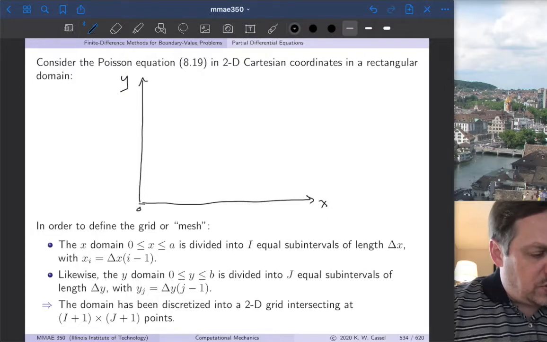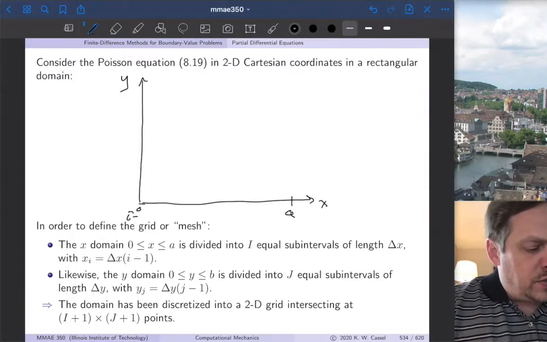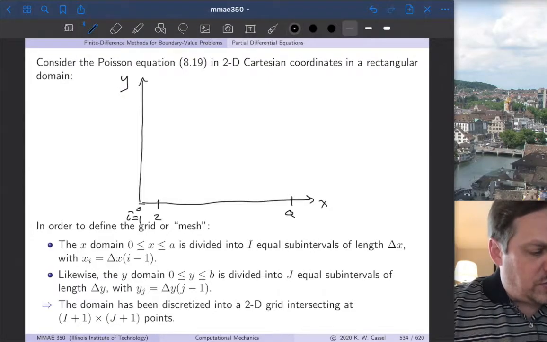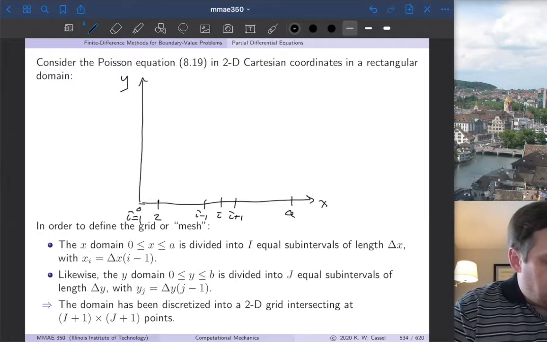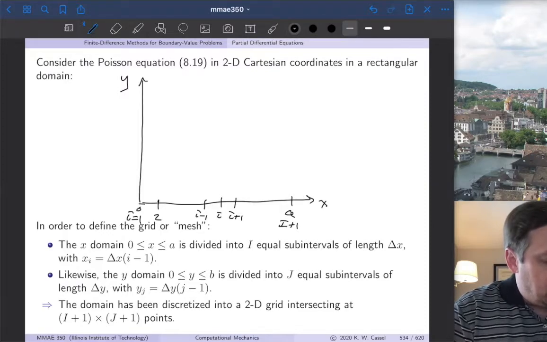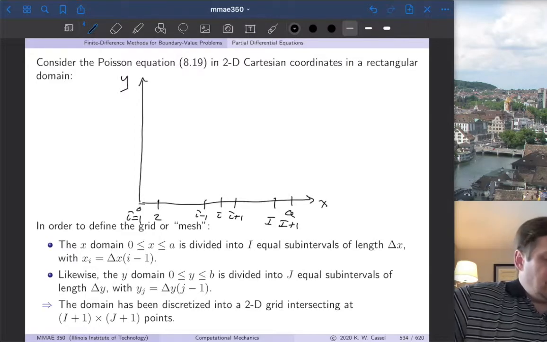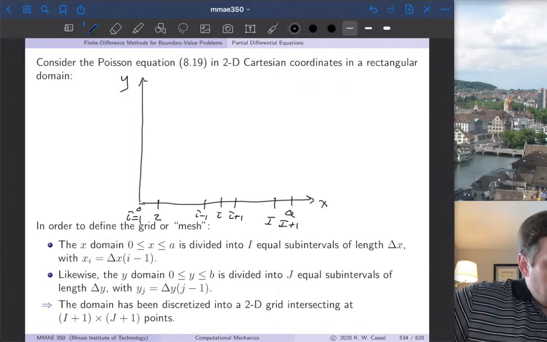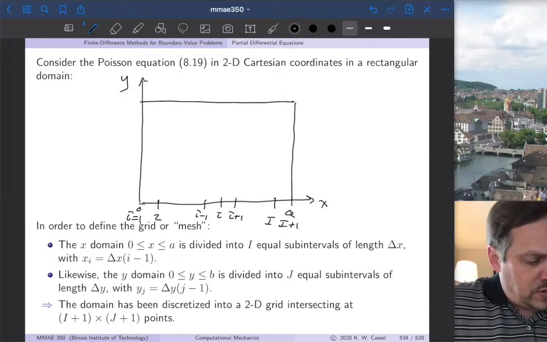It goes from 0 to, say, a, and i is 1 on the left boundary, then 2, then a generic i plus 1, and i minus 1, and then at the boundary is capital I plus 1. Capital I is the first point in the interior. So it's exactly the same as our 1D case, but now we have a two-dimensional domain like this.